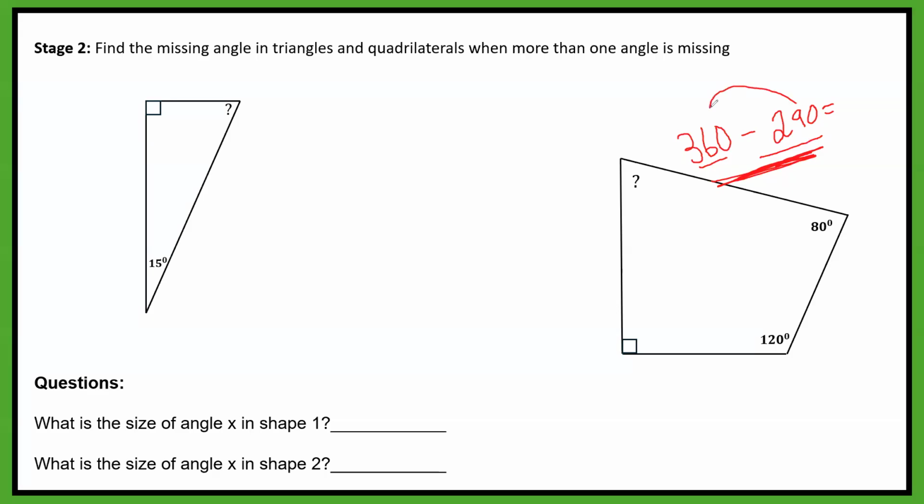Try and do it that way. You've done all the hard bit. It's just this little bit here. So what do we need to add to 290 to get to 360? If it helps you, we can do, what do we need to add to 290 to get to 300? And then get to 360 from there.